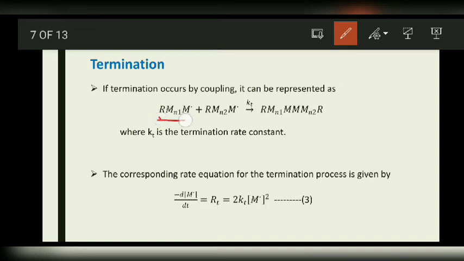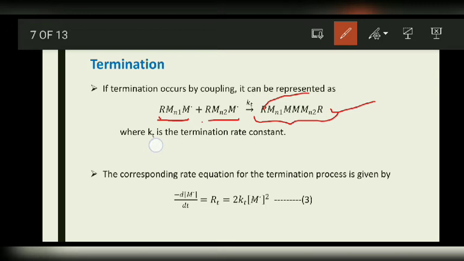See here, this is one growing chain and this is another growing chain, and when these two collide, they form a dead polymer. Why do we call it a dead chain or dead polymer? This chain no longer contains the active site, isn't it? Here you do not have a free radical site. Therefore this cannot proceed further. There is no chance for the polymerization to continue. That is why we call it a dead polymer, and this is the termination.